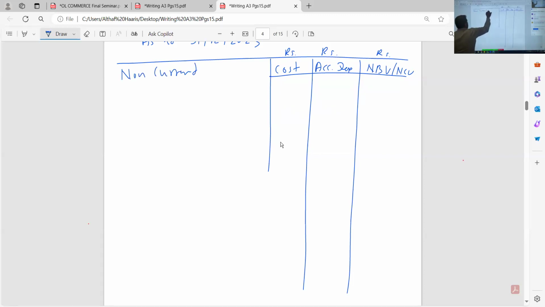Non-current assets. We have the machine. We have the vehicle.